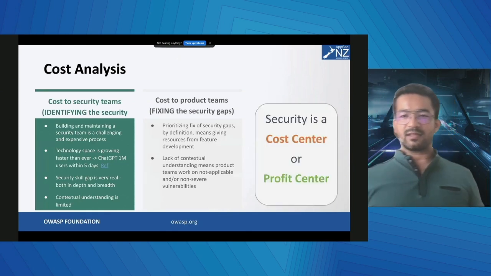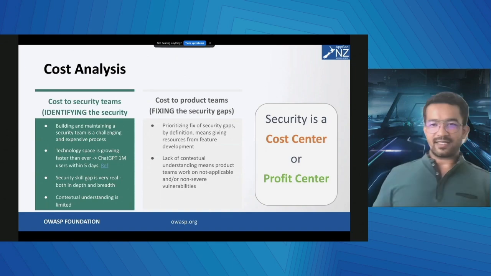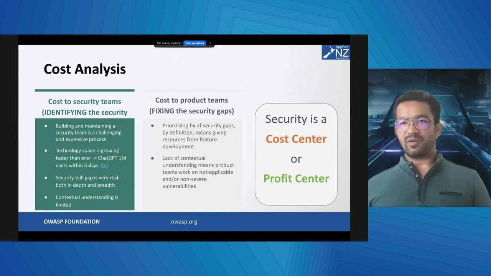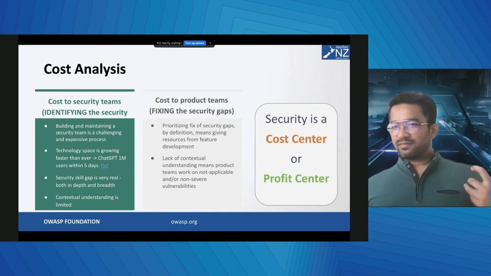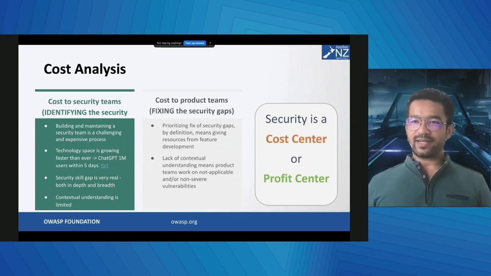It brings to this question which I keep chatting about with my colleagues and friends: is security a cost center or a profit center? There are both sides to it. I, as a security professional, would like to argue that it's a profit center.